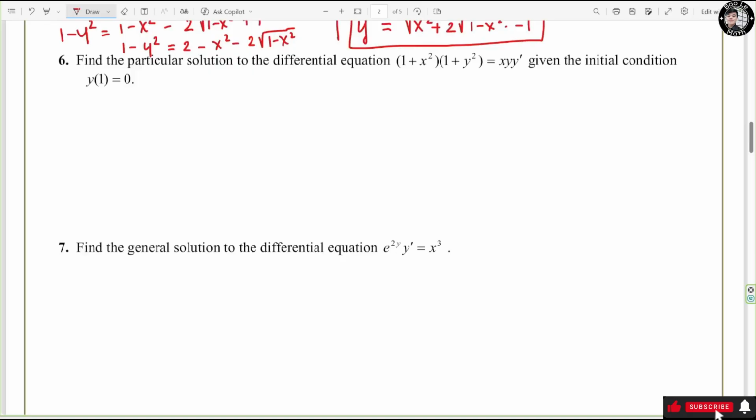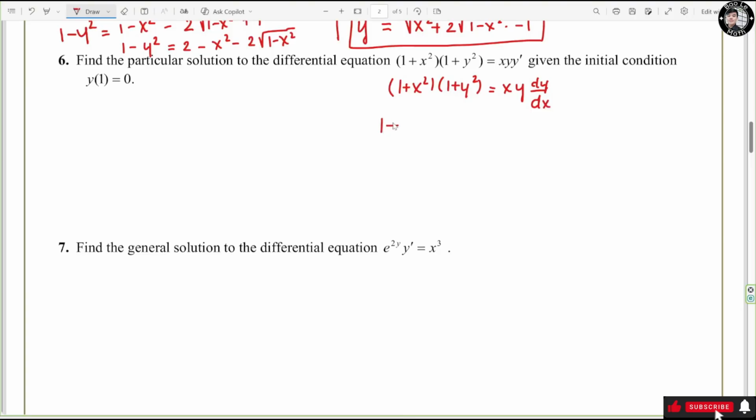Now let's move on to question 6. Find the particular solution to the differential equation given the initial condition y of 1 equals 0. Now I need to rewrite this one as 1 plus s squared times 1 plus y squared equals s squared dy over ds. Now I'm going to multiply both sides by ds.